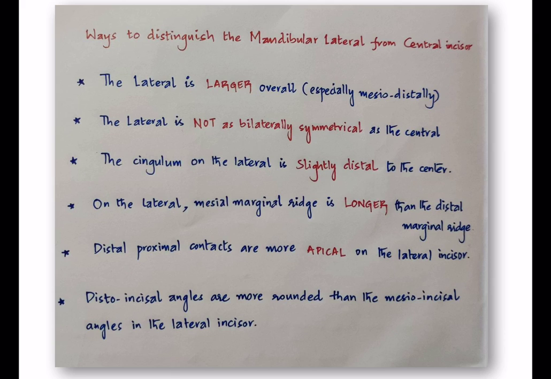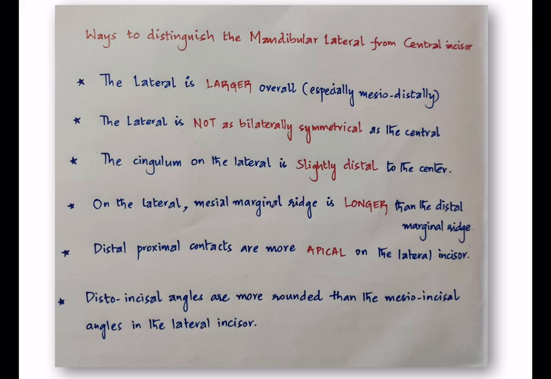The cingulum on the mandibular lateral is slightly distal to the center of the tooth, whereas in the mandibular central the cingulum is located at the center of the tooth. On the lateral incisor, the mesial marginal ridge is longer than the distal marginal ridge, whereas they are at the same level in the mandibular central.